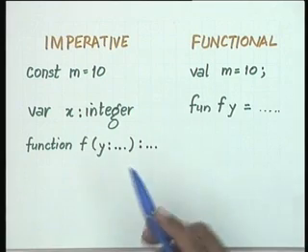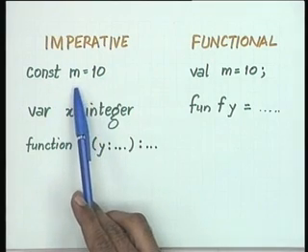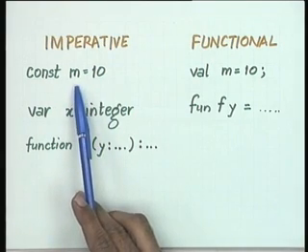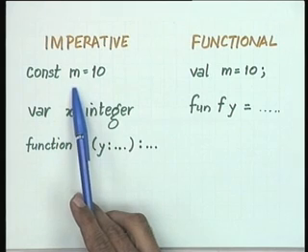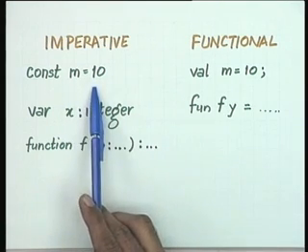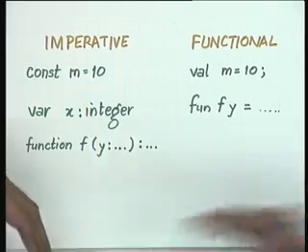So in the case of an imperative language, this constant declaration m gives you a binding occurrence of m which binds the name m to the value 10. It is a name value binding, okay.